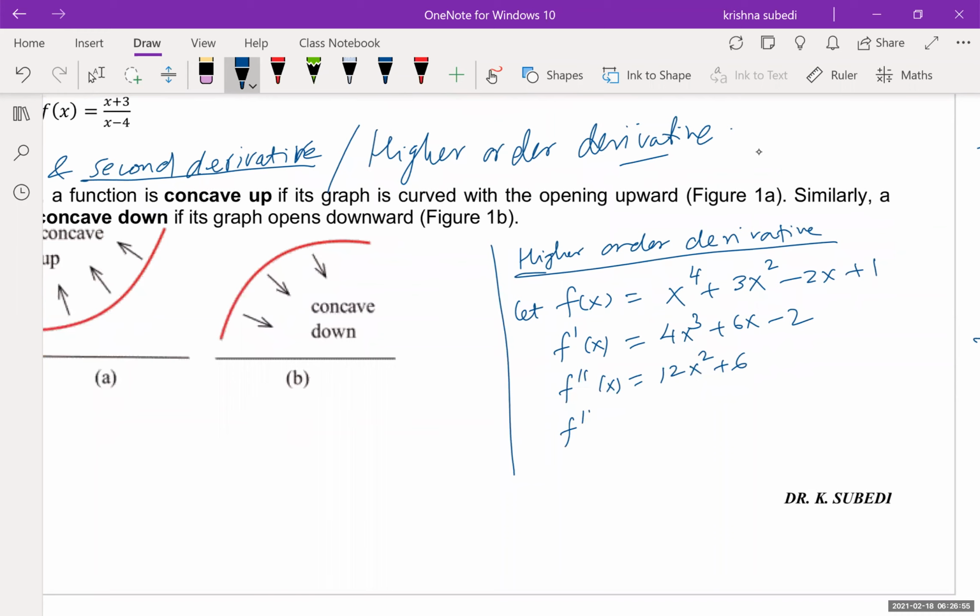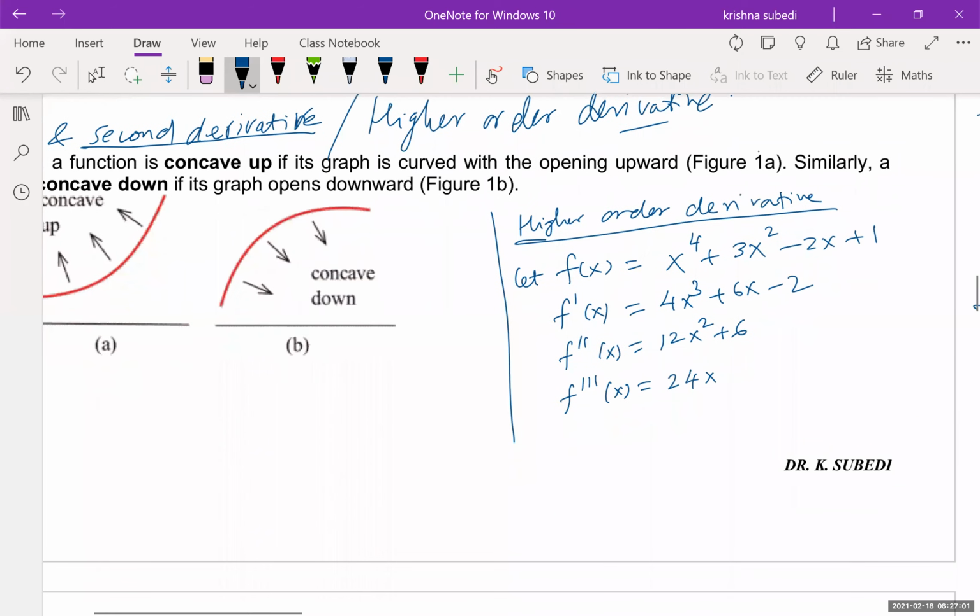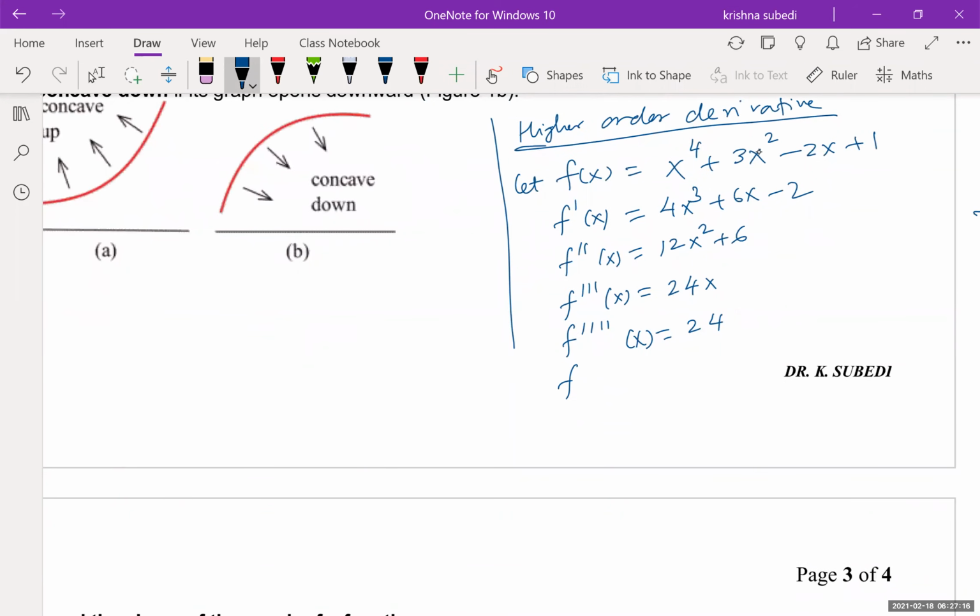If I ask you to find the derivative again, then you will say it is 24x plus 0, so simply 24x. If I ask you to find the derivative again, 1, 2, 3, 4, that's going to be 24. If I ask you to find the derivative again, 1, 2, 3, 4, 5, and it will be 0.